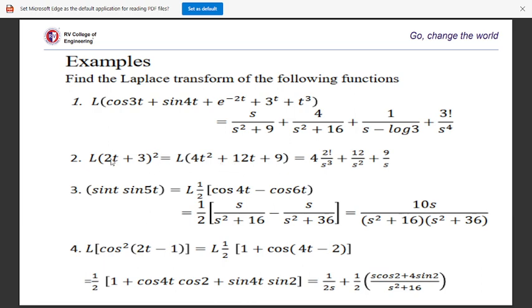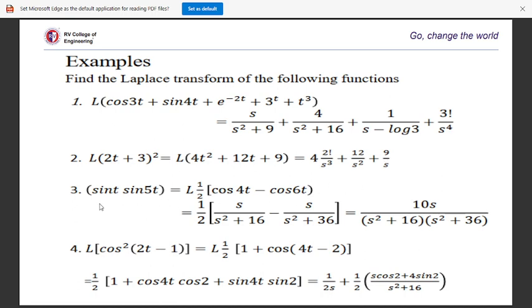On squaring 2t plus 3 whole square, we get 4t square plus 12t plus 9. Now you take all the constant terms outside and apply the Laplace transform. So if you take 4 outside, Laplace transform of t square is 2 factorial by s cube. Laplace transform of t is 1 factorial by s square. Similarly, the Laplace transform of the constant is 9 by s.